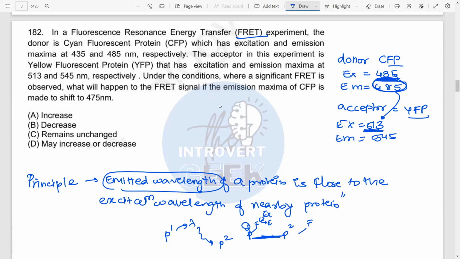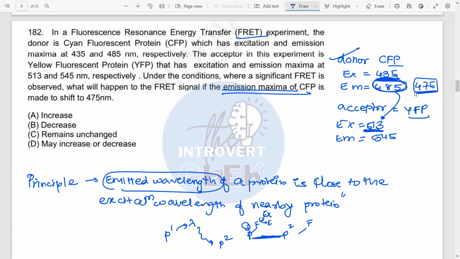What will happen to the FRET signal if the emission maxima of the donor, CFP, is made to shift to 475? So instead of 485, they are going to make it emit at 475. Now 475 is lower than 485.